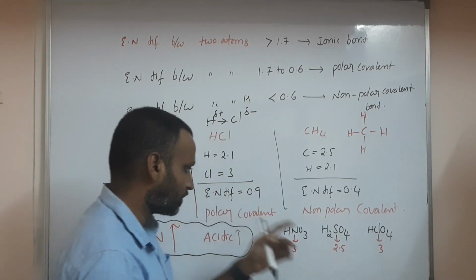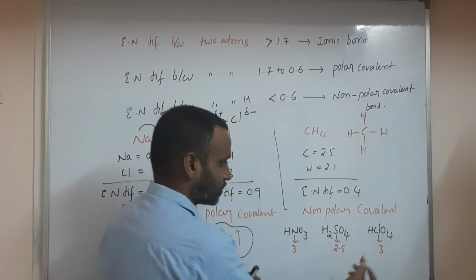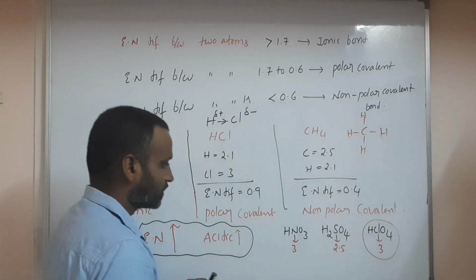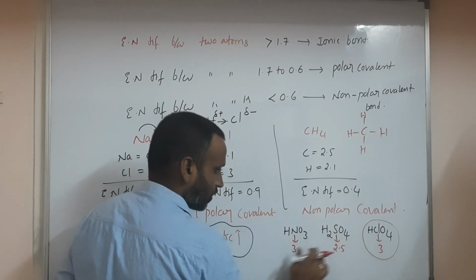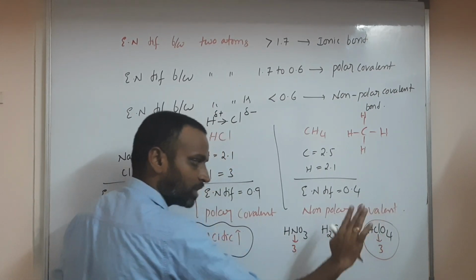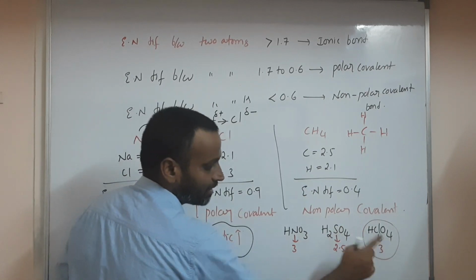Nitrogen and chlorine are the same, however chlorine has slightly more. So which has more acidic character? Among these, HClO4 is more acidic because its central atom is slightly more electronegative.